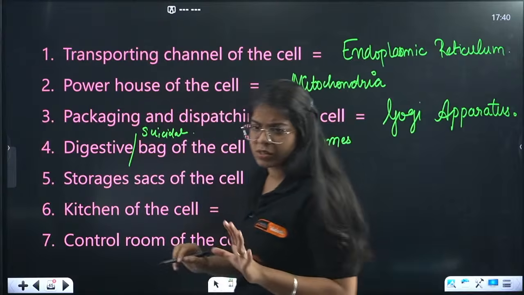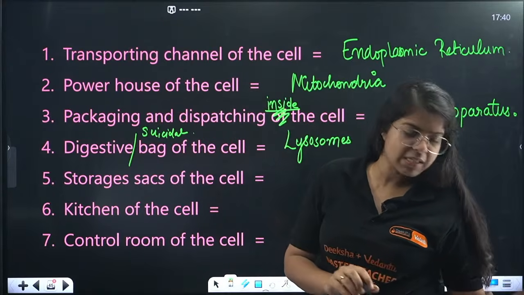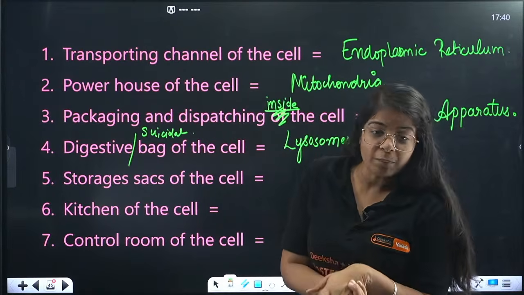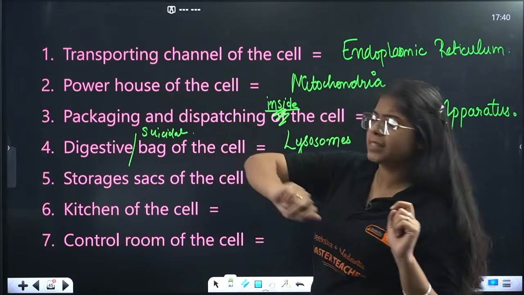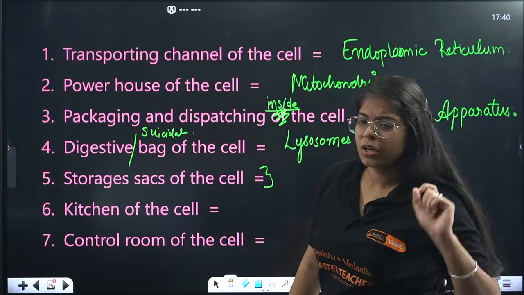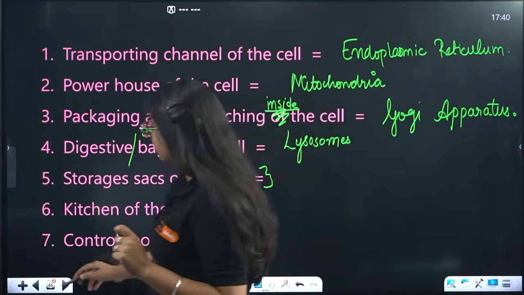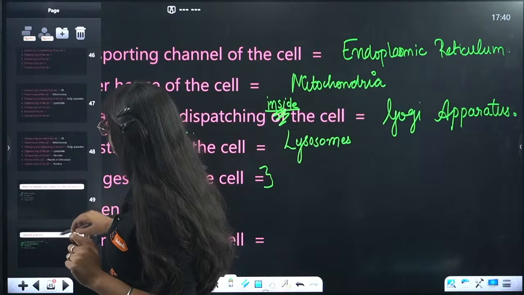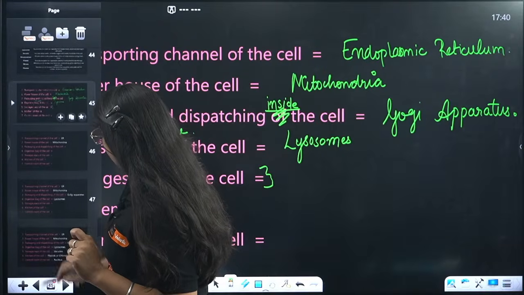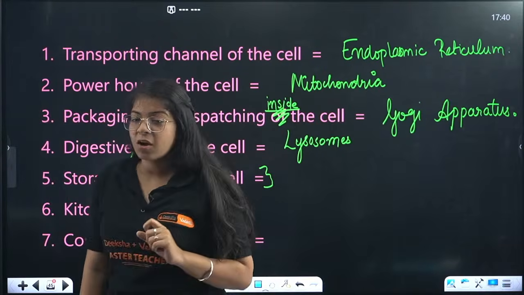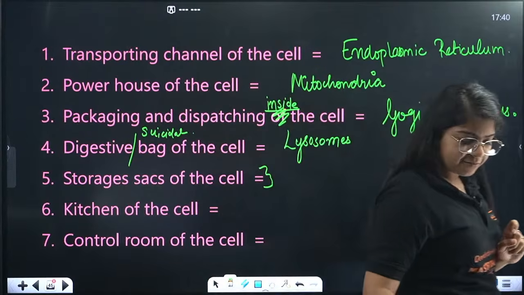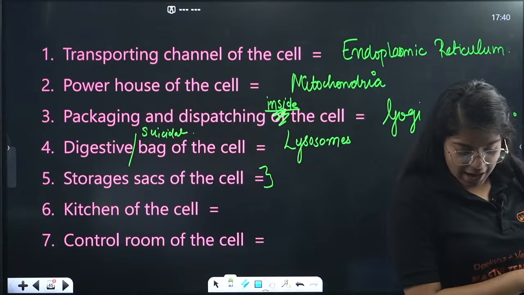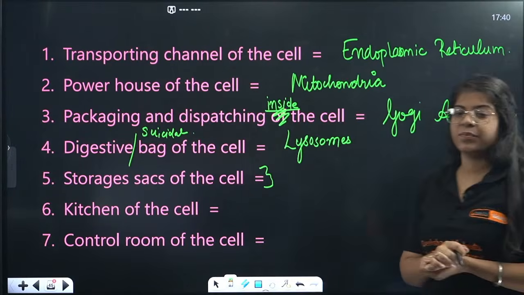Both of those have the same answer, that is lysosome. Done. Now a question. What are the storage sacs of the cell? Which organelle is called the storage sac of the cells? Anybody knows the answer to this?